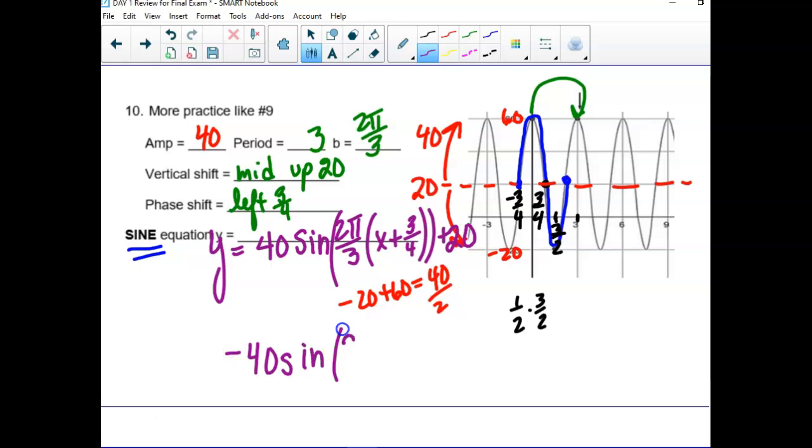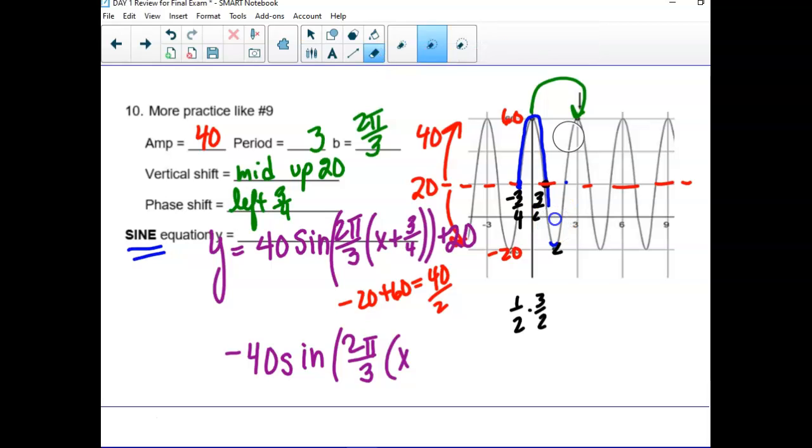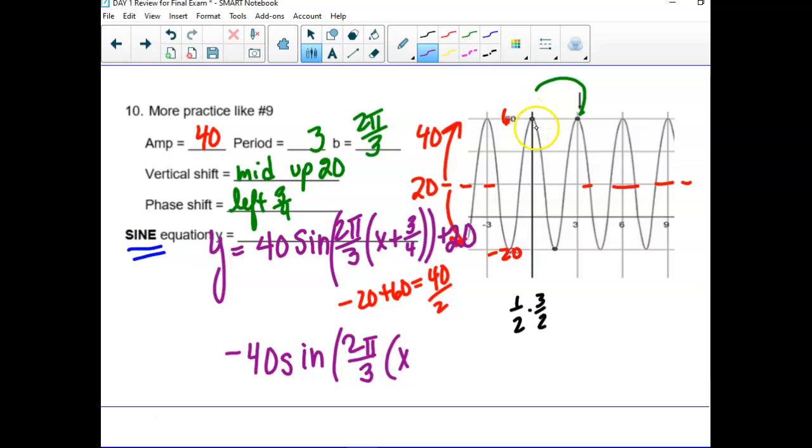Did you do a left shift like this? One? No. Because, yep, let me erase this one more time. The entire cycle from the top to the top finishes at 3.